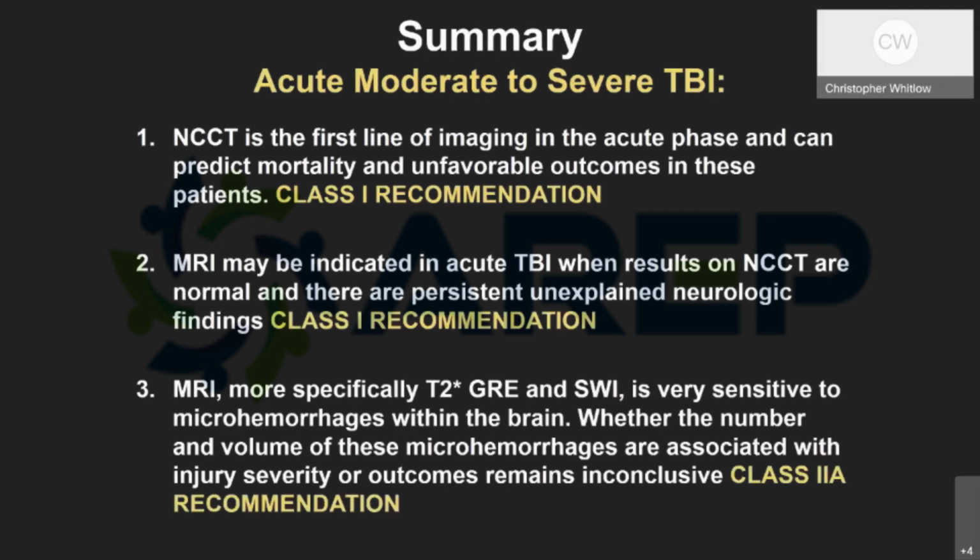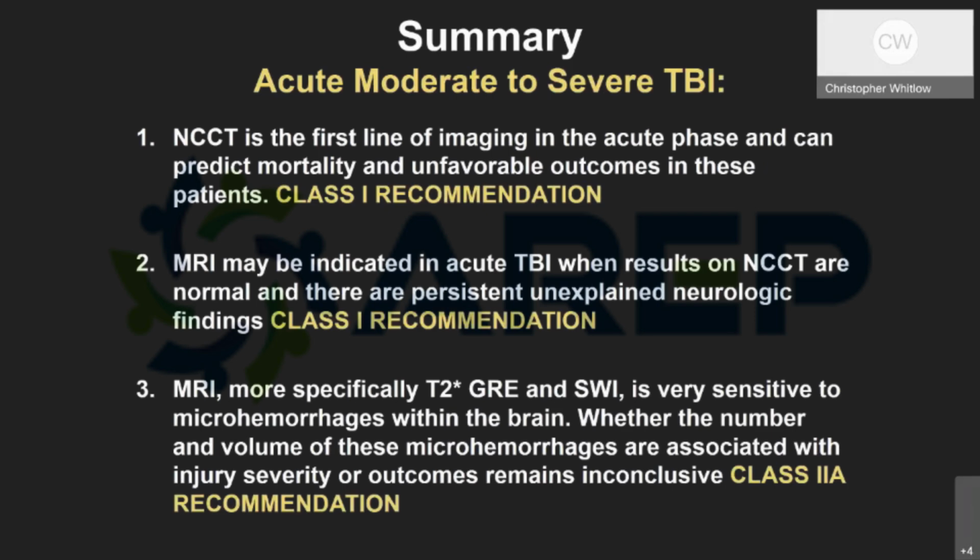So in summary, for acute, moderate to severe TBI, non-contrast CT is the first line of imaging in the acute phase and can predict mortality and unfavorable outcomes in these patients, and that's a class 1 recommendation. MRI may be indicated in acute TBI when results of non-contrast CT are normal and there are persistent unexplained neurologic findings.